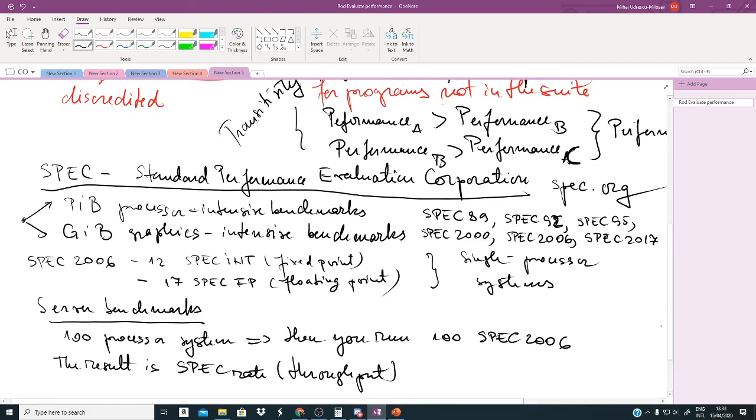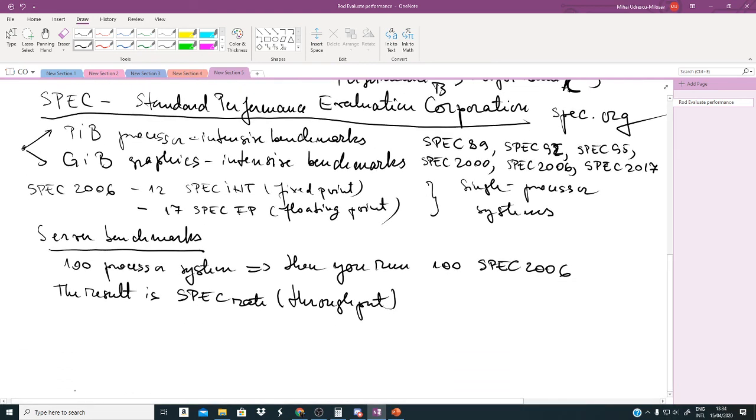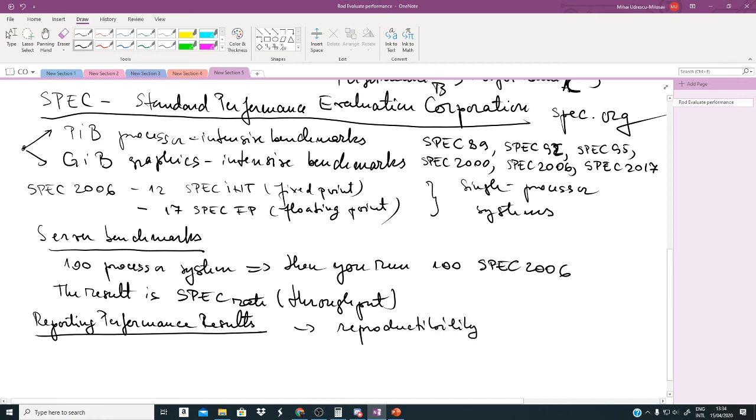Now, regarding the way that we report results in this field, the focus here is on reproducibility, because we are talking about an experiment here, right?